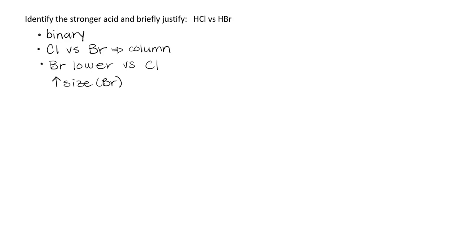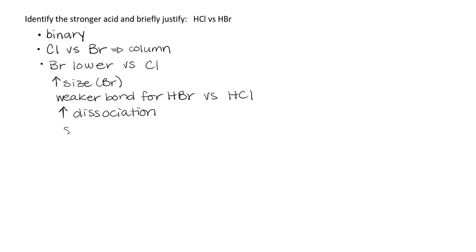And the larger size means that there's a weaker bond for HBr versus HCl. And this weaker bond means there's increased likelihood of dissociation, which corresponds to a stronger acid. So the stronger acid in this pair is HBr.